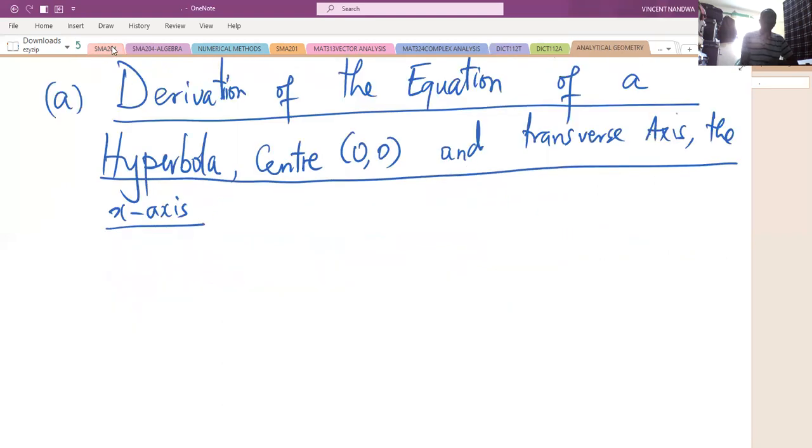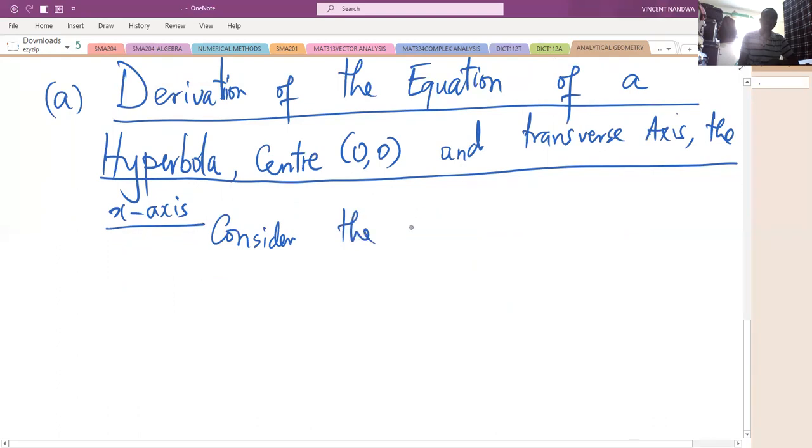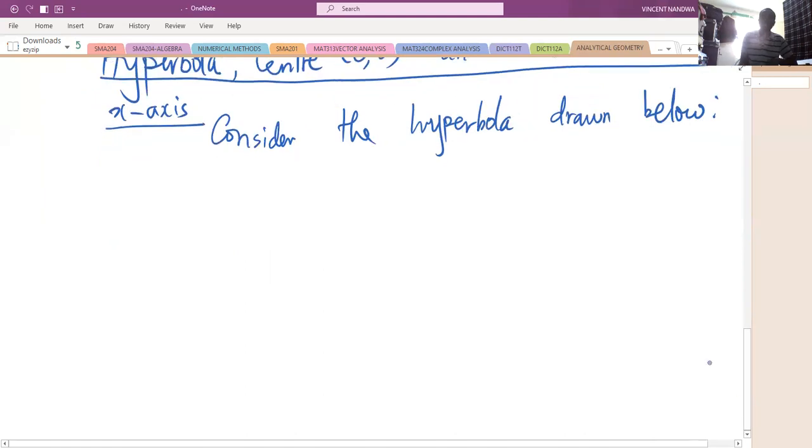So this is how we derive the equation. Consider the hyperbola drawn below. We are going to draw it in such a way that the transverse axis is the x-axis, and it's centered at origin 0, 0.